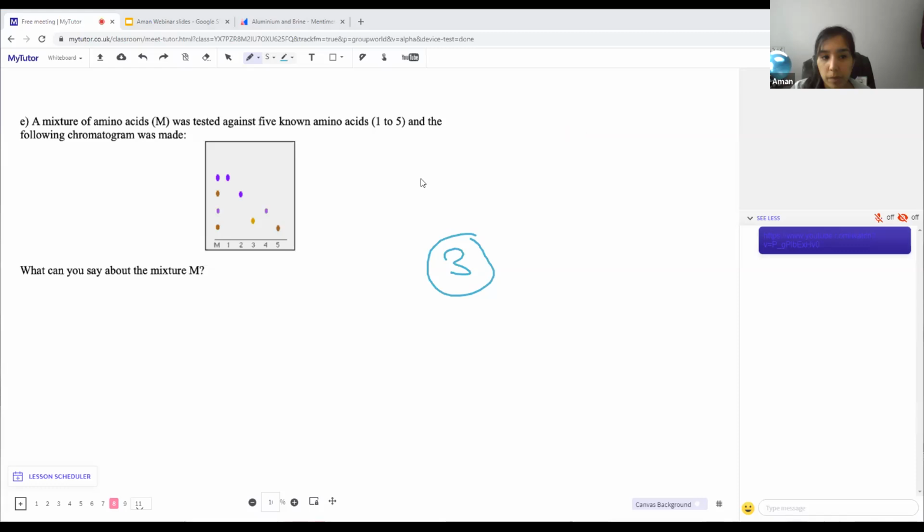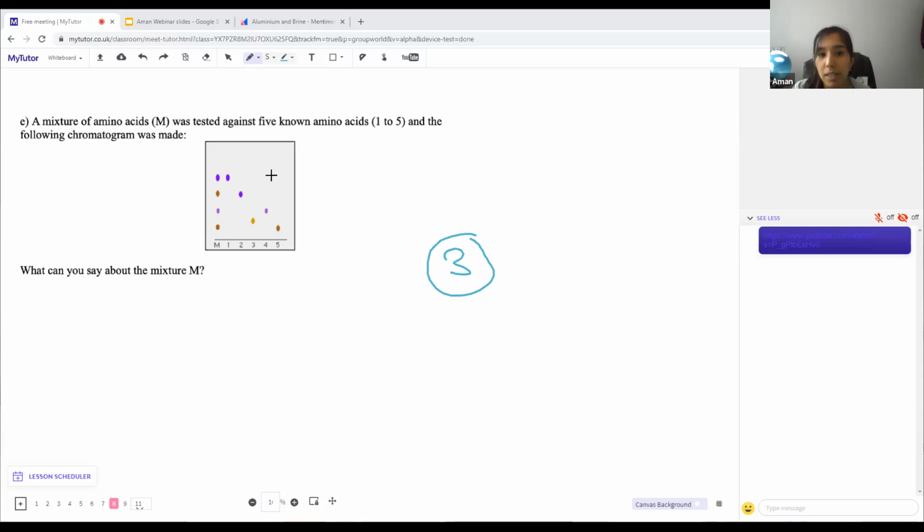Okay, let's see what people are saying. Good, so it consists of, I wouldn't say 4 dyes because we're looking at amino acids, so this is not to do with dyes, but good. The mixture has 4 amino acids in it. What's really important is that we read the question carefully, because this is saying there's a mixture of amino acids and they were tested against 5 known amino acids.